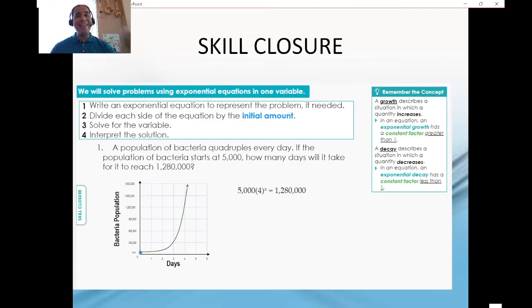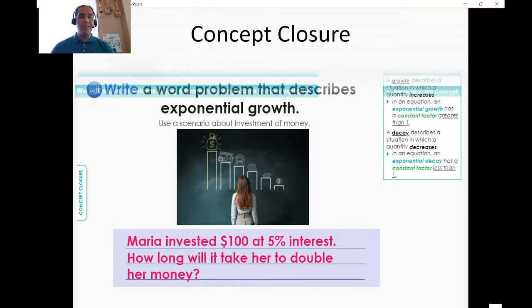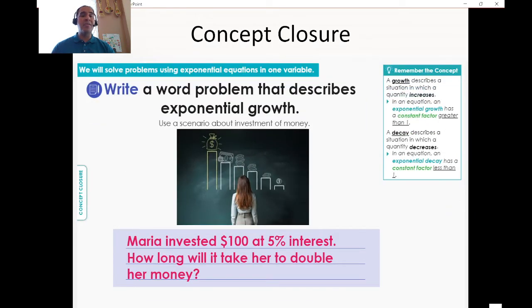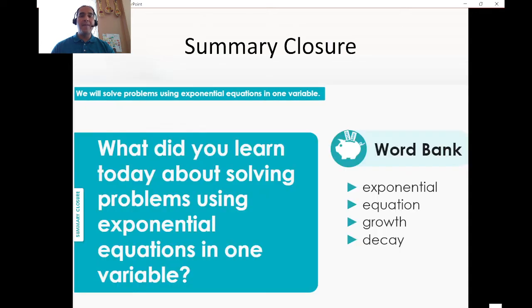We tend to live in the land of skills as math teachers, but it's important that we also address that students understand the concept of the lesson. Finally, which many teachers that I know are huge fans of, is a summary. Can your students write a summary of what they just learned? In this example, we have: what did you learn today about solving problems using exponential equations in one variable?